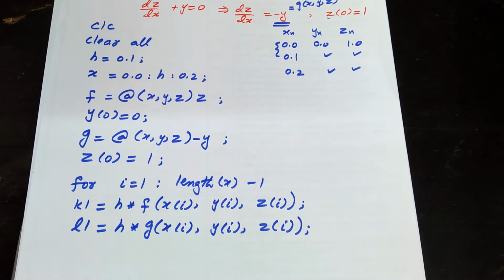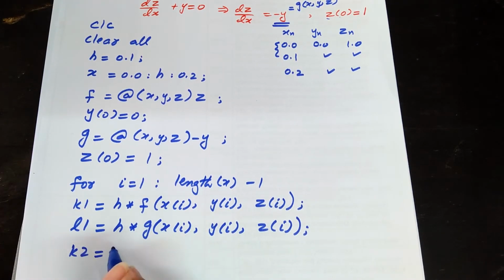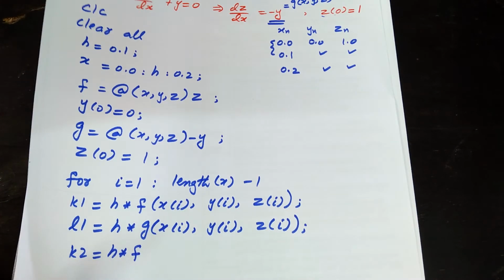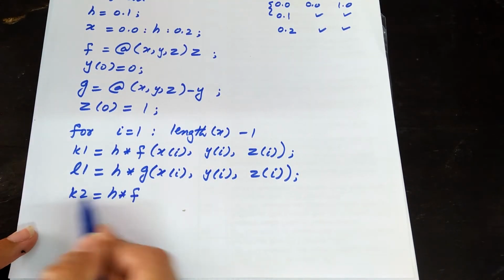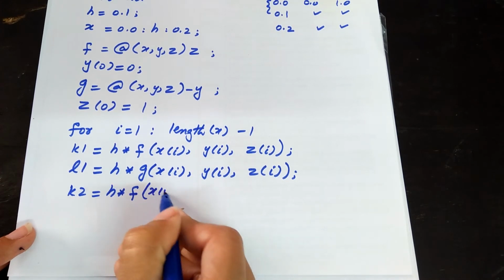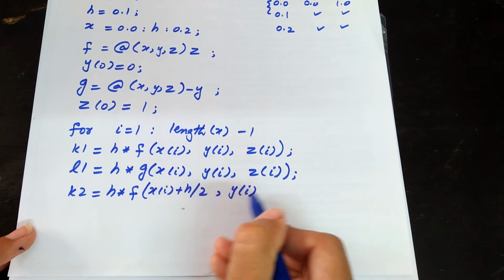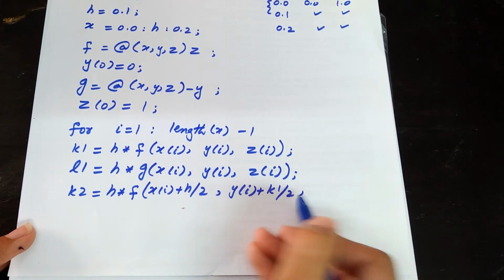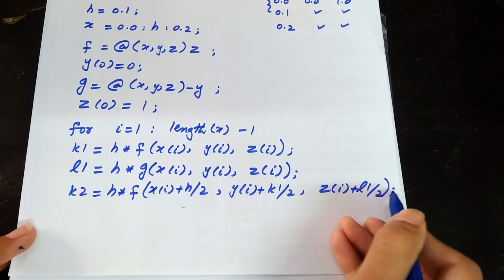Then my K2 and L2. The K2 will be equals to h star f of x of i plus h slash 2, y of i plus k1 slash 2, z of i plus L1 slash 2.